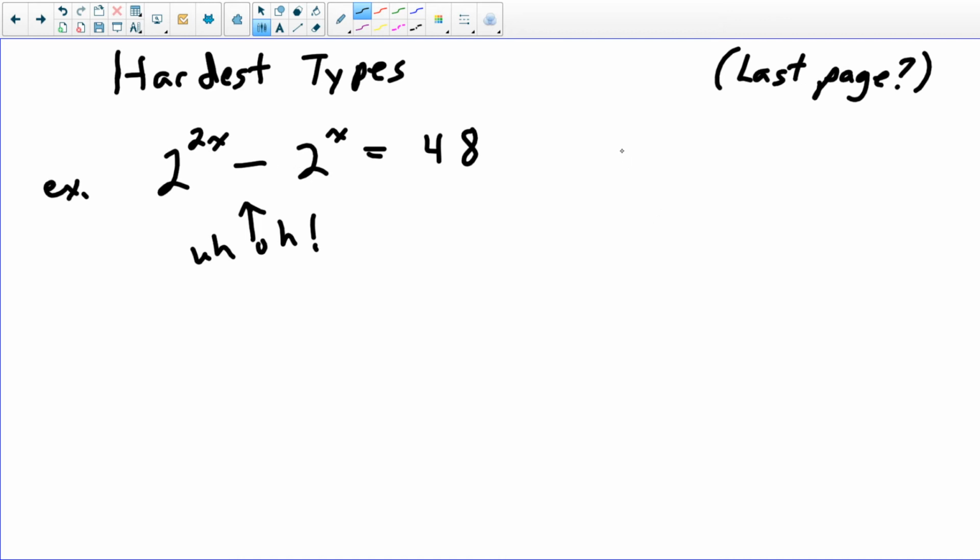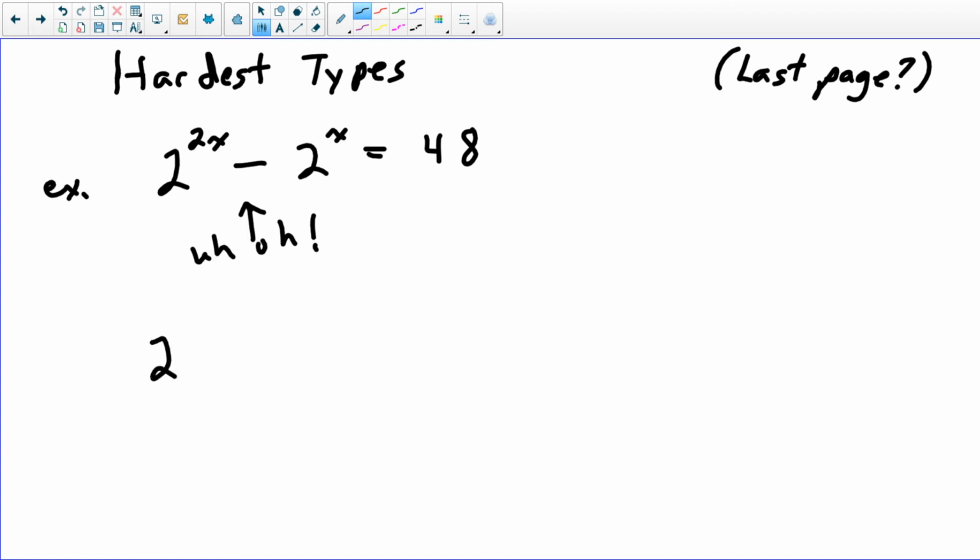I'm going to plant a little idea in your head here. This is actually a quadratic. I'm wondering if you can see how this is actually a quadratic. I'm going to write it in a slightly different way, and it has to do with the fact that this came from something. We can actually split these apart.